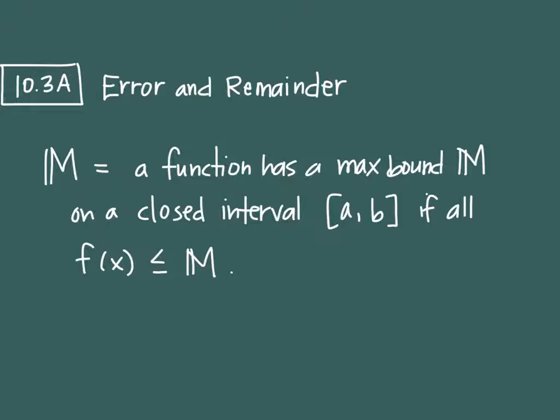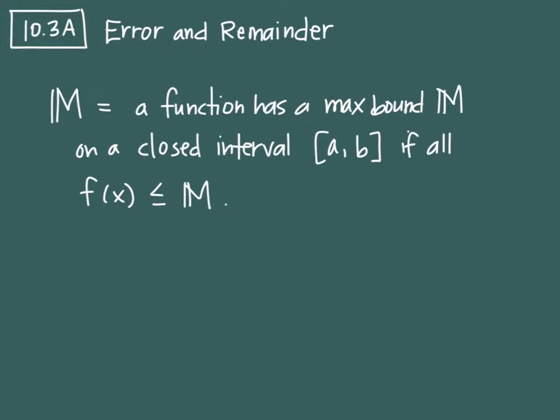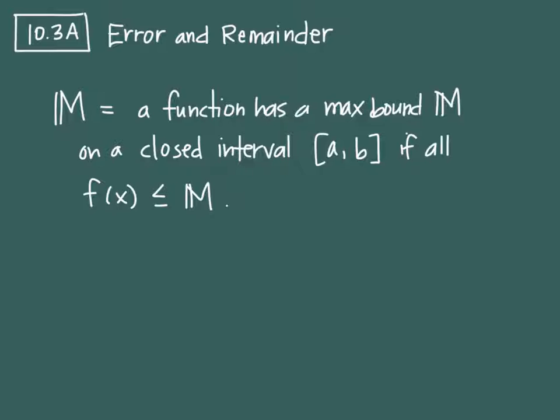So this is not a new concept to have the max of an interval, but it has to be a closed interval, and we're defining it as this capital M, or a bolded M.